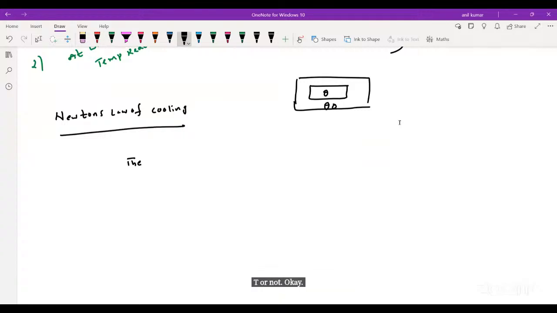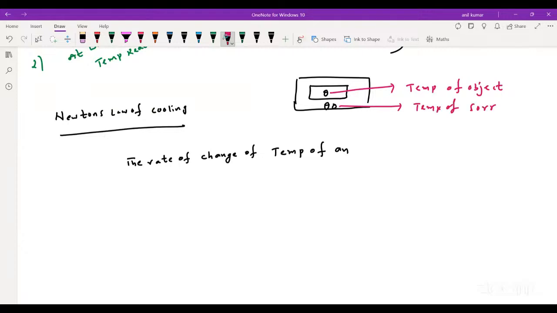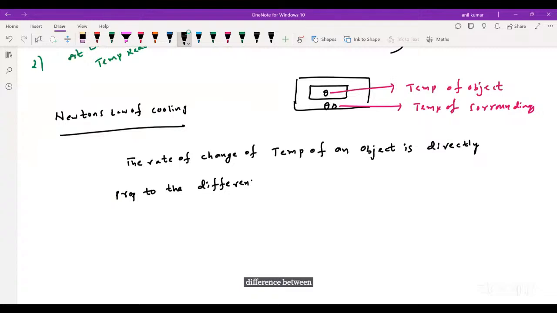According to Newton's law of cooling, the rate of change of temperature of an object is directly proportional to the difference between the temperature of the object and its surroundings.